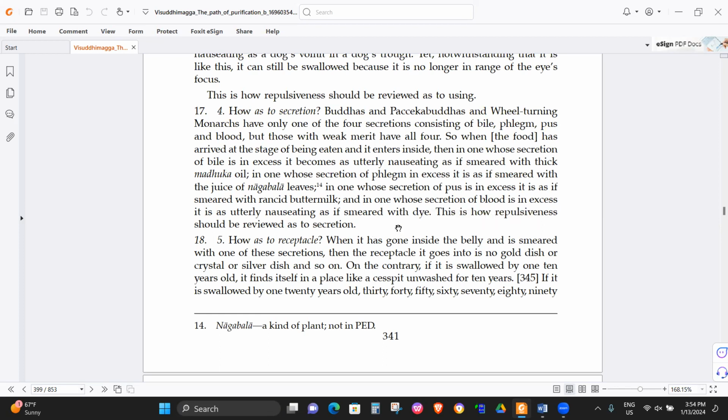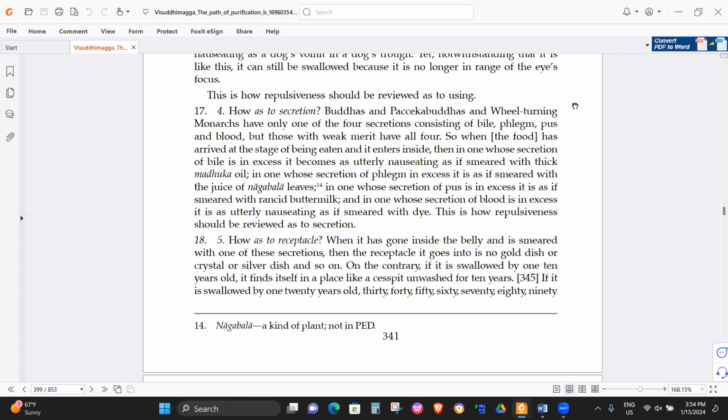17, yes. As to secretion, Buddhas, Pacceka Buddhas and universal monarchs have only one of the four secretions consisting of bile, phlegm, pus, and blood. But those with weak merits have all four.